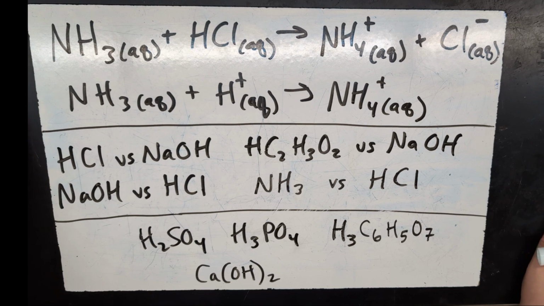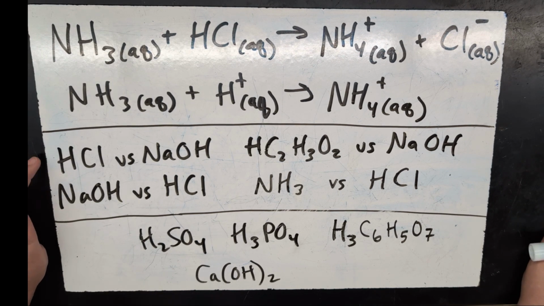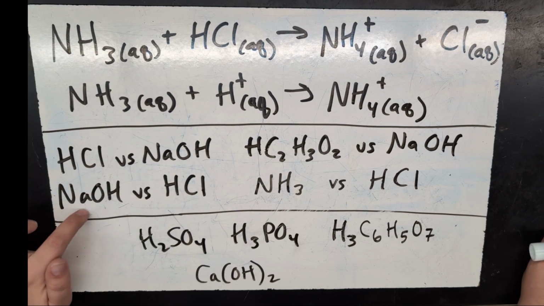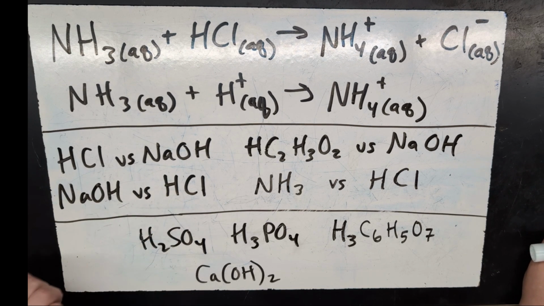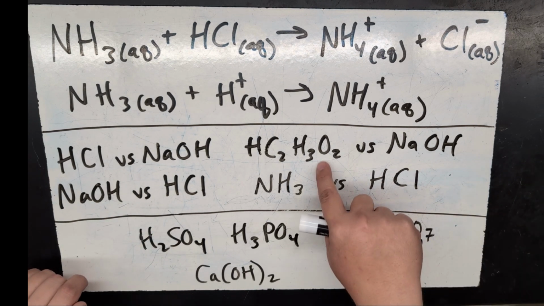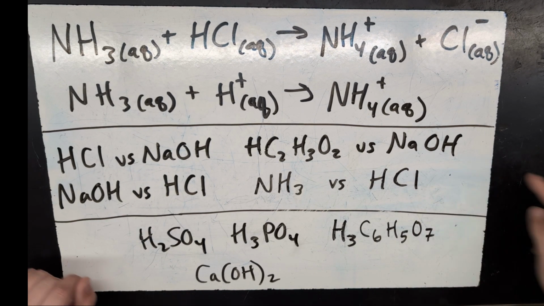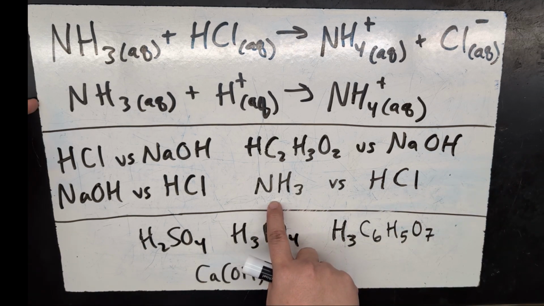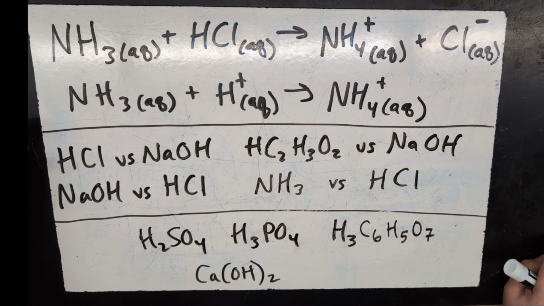But what I will usually do when we're doing the titration curves lab is I will give each lab group a different titration to work on. So some of the options I'll do like an unknown hydrochloric with a known sodium hydroxide, an unknown sodium hydroxide with a known hydrochloric, an unknown acetic acid with a known sodium hydroxide, and the unknown ammonia with a known hydrochloric acid.